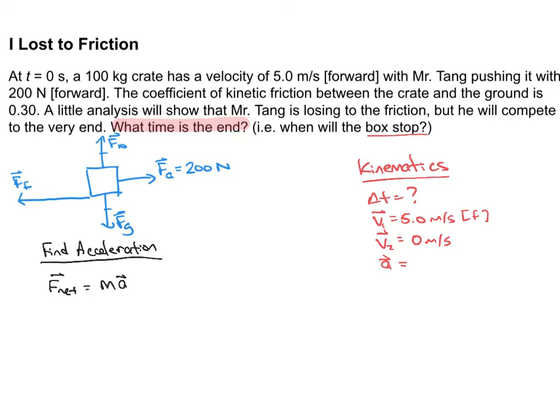So when I look at my free body diagram, I have gravity and normal canceling out. And then in terms of left and right, my friction arrow, since friction is going to beat me, friction is longer. So the net force is going to be however many newtons friction is, subtract however many newtons I apply, which I know is 200 actually. So that is my simplified expression for net force. It is the magnitude of the friction minus the magnitude of the applied.